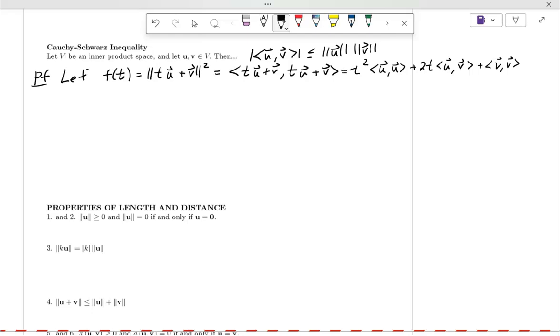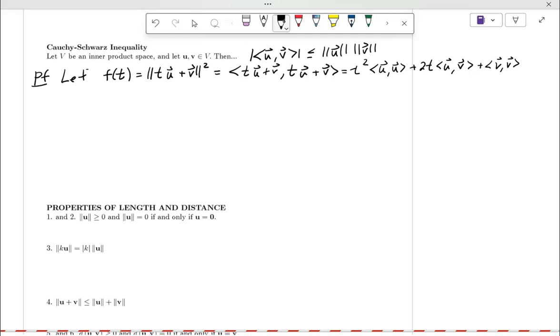Okay? Now, two things I want to ask you. What kind of things are these inner products? What kind of objects are they? When you do an inner product of two vectors, what do you get out? Scalar, they're numbers, right? They're just numbers.